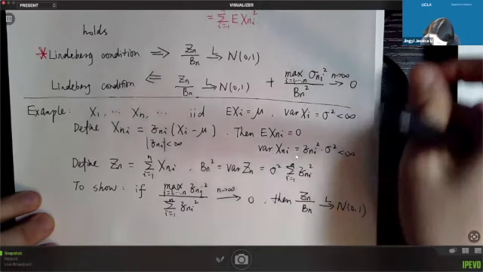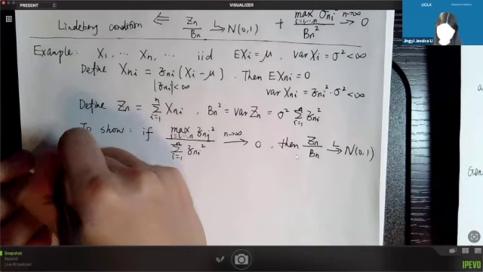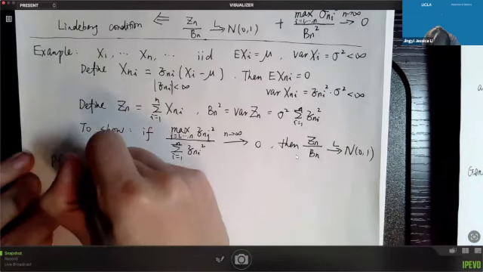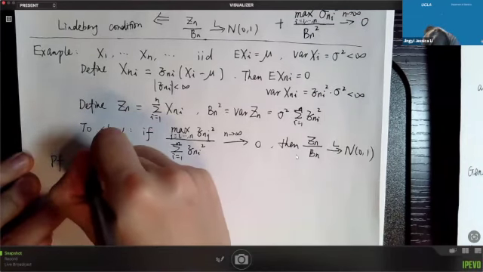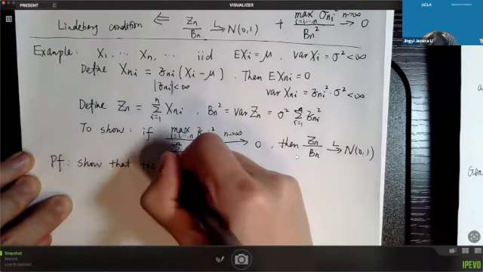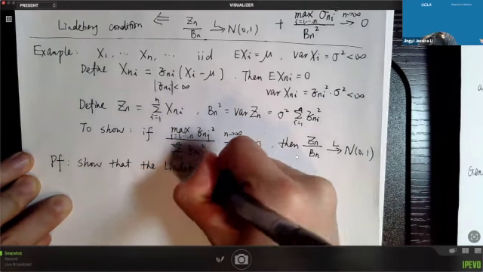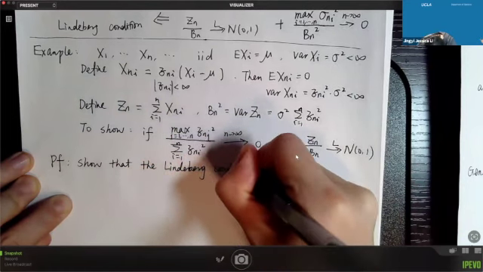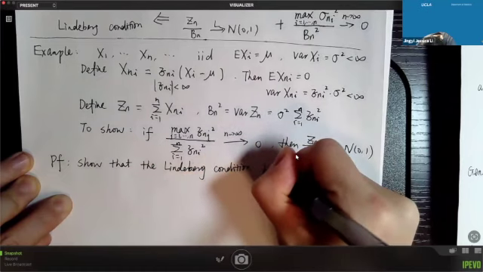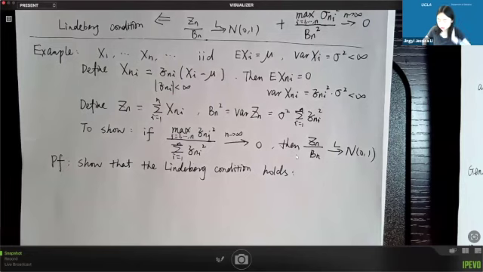Okay, let's do it. So this is a proof exercise. We want to show that the Lindeberg condition holds. So we're going to use the Lindeberg condition statement.